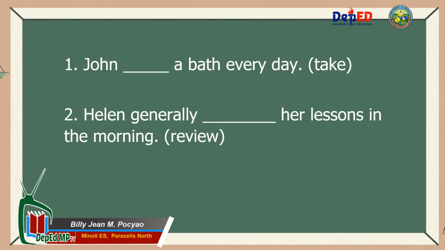Number 1. John blank a bath every day. The correct answer is takes. Number 2. Helen generally blank her lessons in the morning.